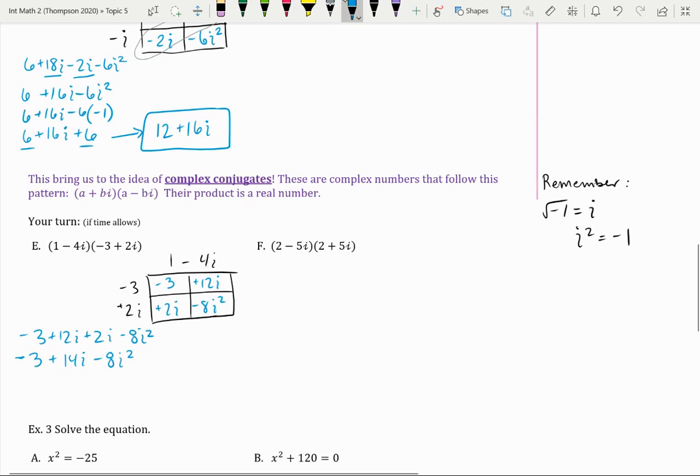And then instead of i squared, I've replaced that with negative 1. And negative 8 times negative 1 is a positive 8. This gives me 5 plus 14i as my answer for problem E.